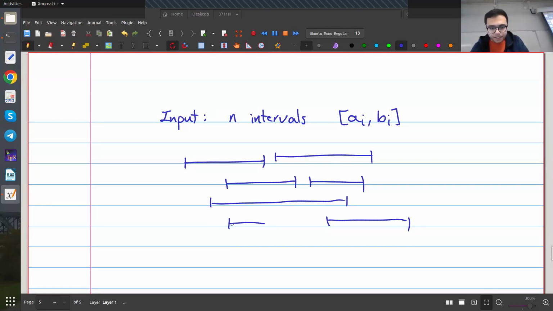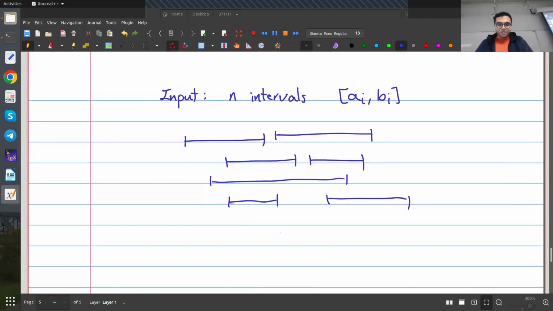Let's say that these are classes that you want to take, but unfortunately the registrar doesn't allow you to take classes that are at the same time. So if two of them intersect, you cannot take both. But let's say you really want to graduate, so you want to take as many courses as possible.